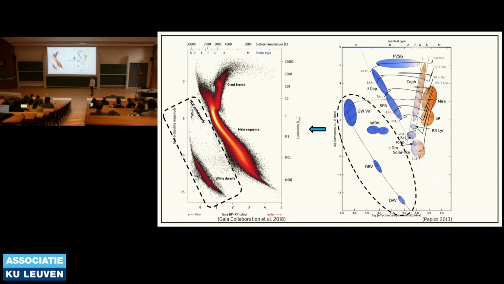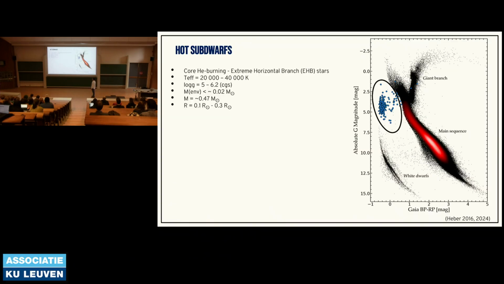In the case of white dwarfs, it's even better because now we have around 400,000 white dwarf candidates, which is amazing.